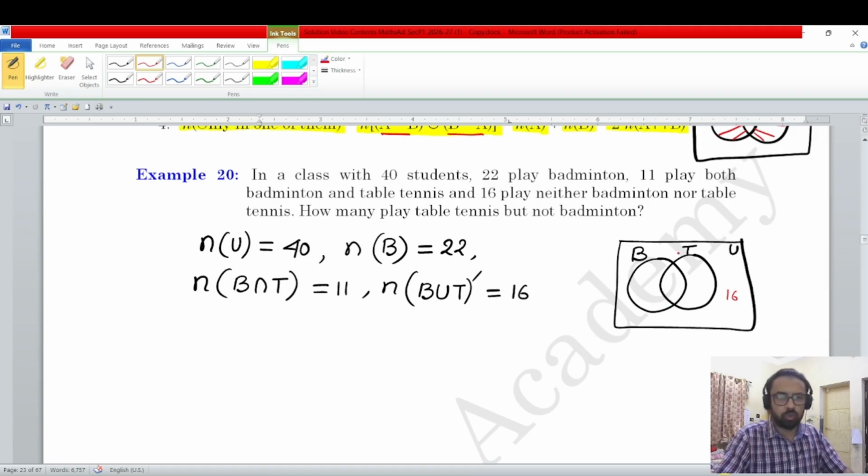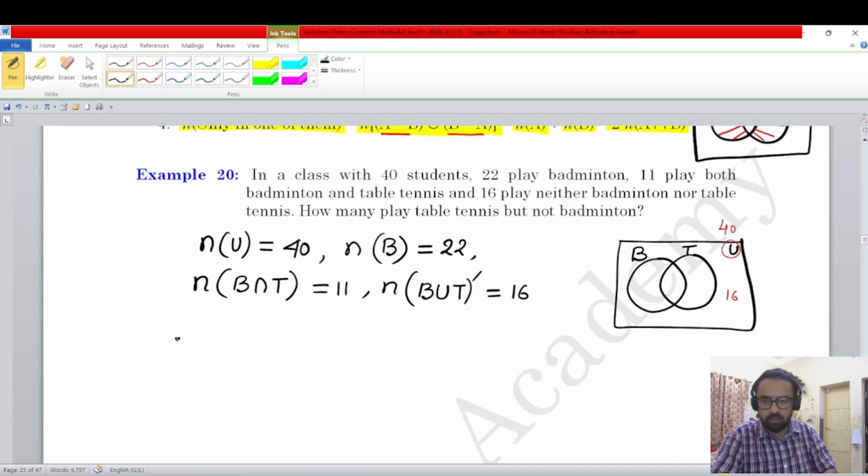And again, the total U is 40. So using the difference rule, I can find out what B union T is. Therefore, the number of students who play badminton or table tennis, that is the union, will be equal to the number of students in the universal set minus the number of students in (B union T) complement.